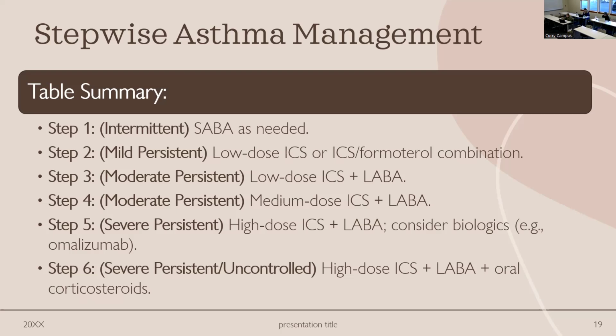Severe persistent, so it just keeps happening often, high dose inhaled corticosteroid and long-acting bronchodilator, and consider a biologic as well. And severe persistent uncontrolled asthma, step 6, high dose inhaled corticosteroid plus a long-acting bronchodilator and some kind of oral corticosteroid like prednisone.